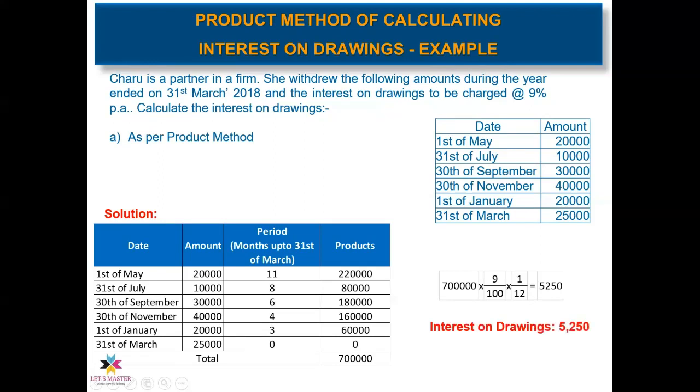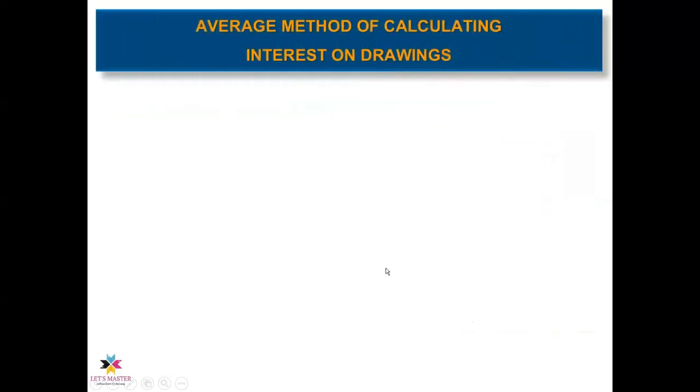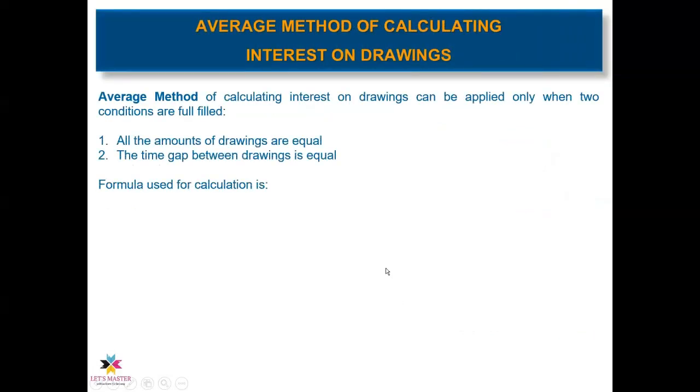So you can see that in both the cases, whether you are using the product method or the simple method of calculating interest on drawings, the amount of interest on drawings is the same, that is 5,250.